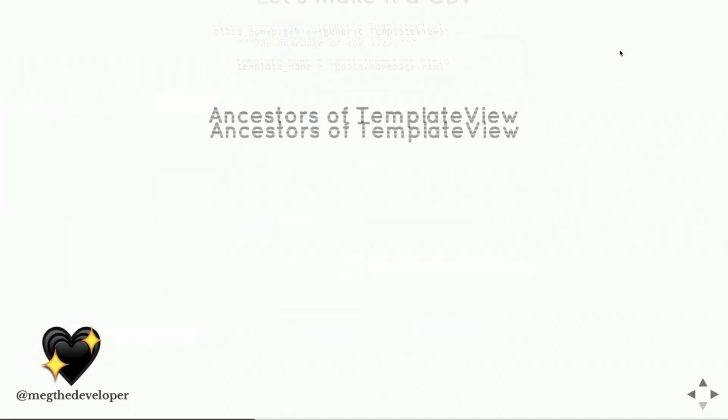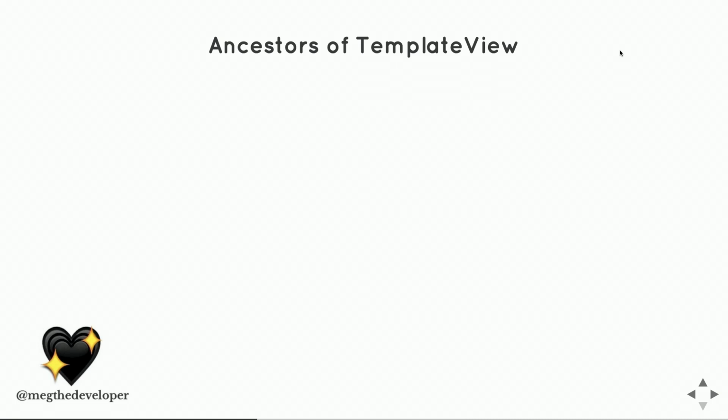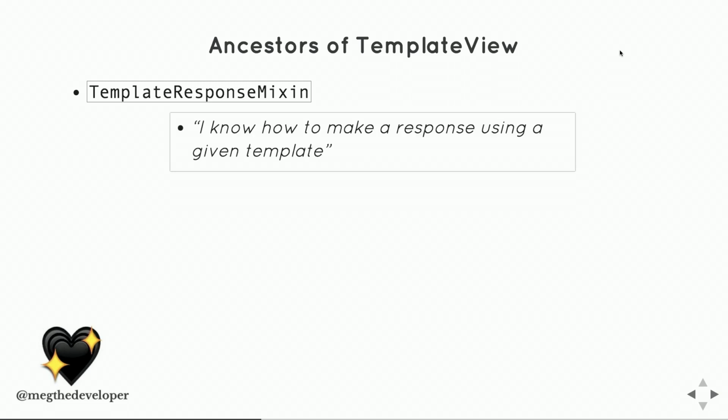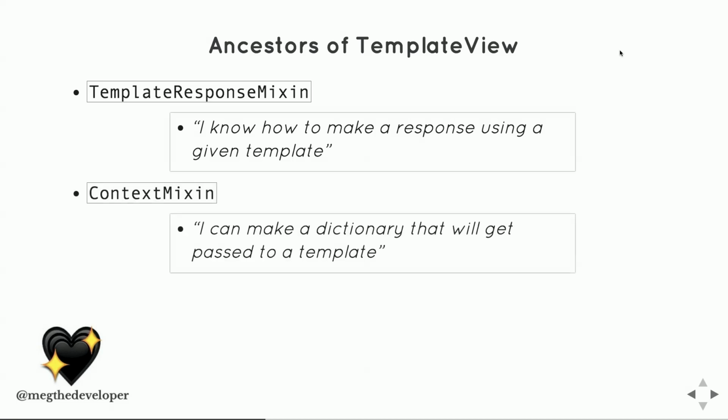And oops, sorry. Hey, dude. And why does it work? Because we have all of these ancestors of template view. Template view is a class in Django, and it inherits from something called the template response mixin, which is basically a class that's like, I know how to make a response using a given template. And pretty much all class-based views inherit from this in some way. And then you have the content mixin, which is, I can make a dictionary that will get passed to a template.